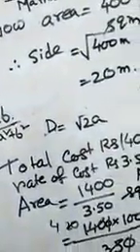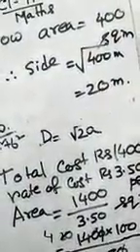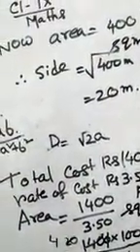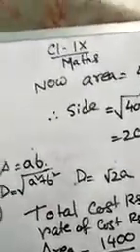Let us calculate how much the cost will be for fencing around the four sides with the same height of Shamor's land at the rate of 8.50 per meter. Fencing means we always first find the perimeter.